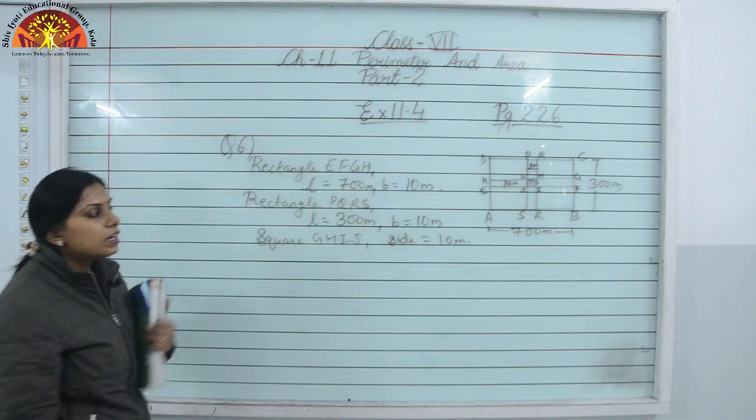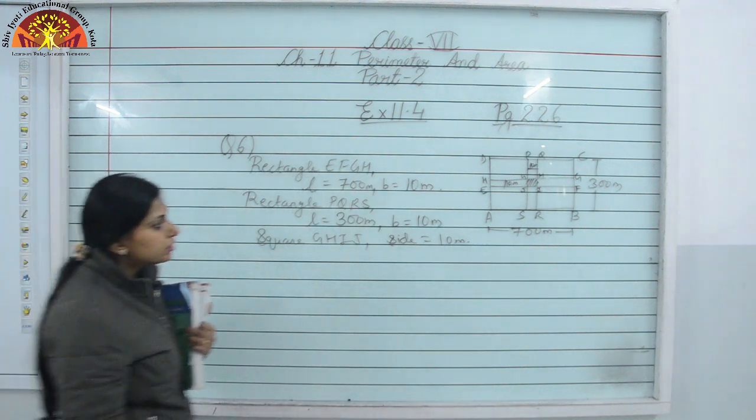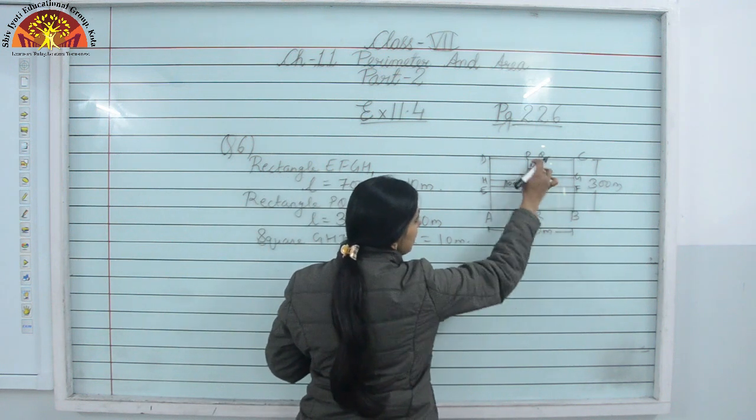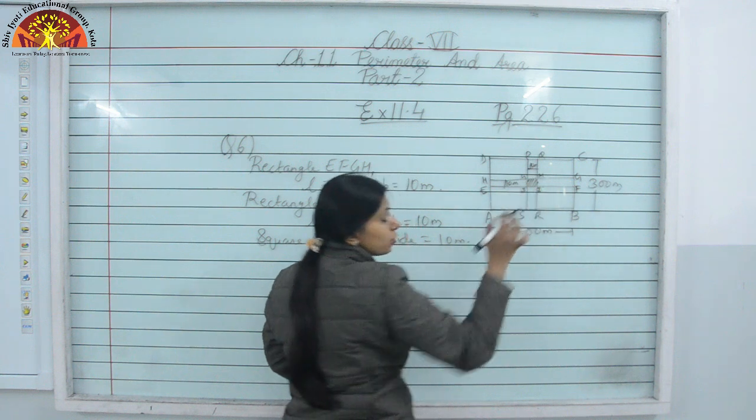Is it clear? अब area of the roads क्या हो जाएगा, that is the area of the rectangle EFGH plus area of rectangle PQRS, और एक कॉमन एरिया है तो इसको हम minus कर देंगे.